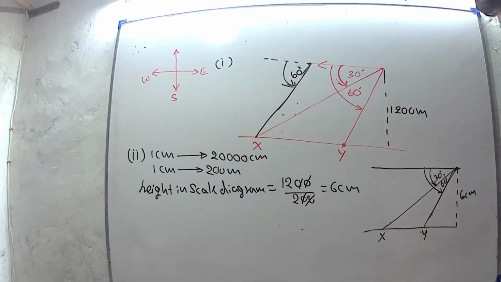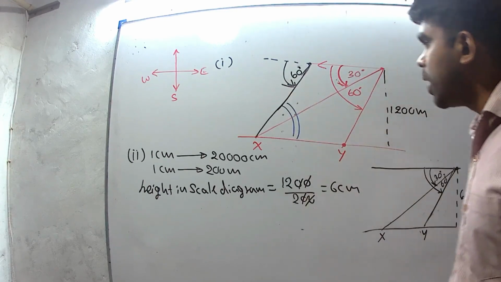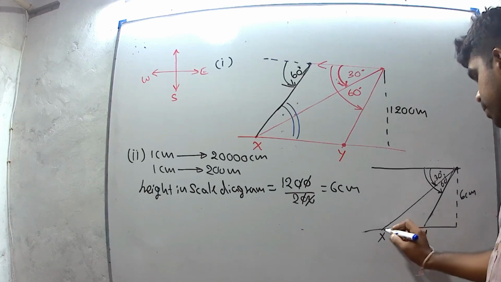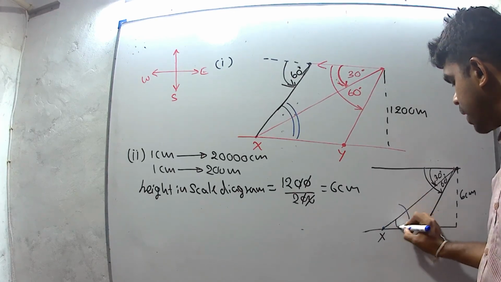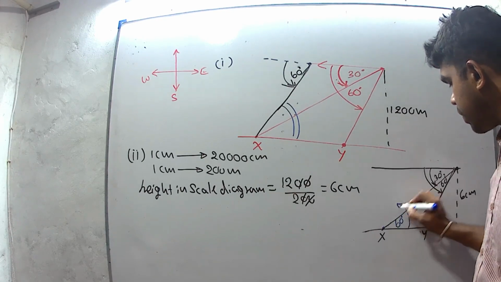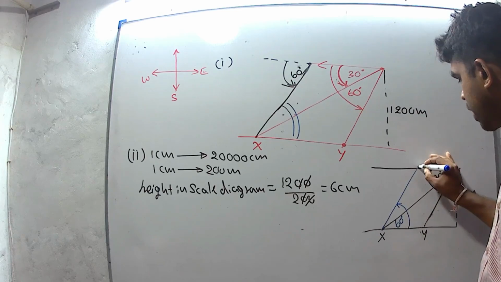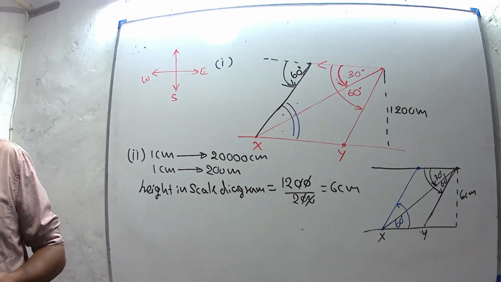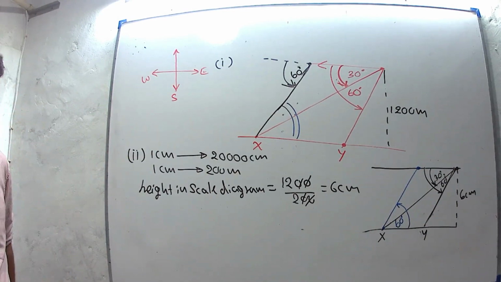Therefore, we have to draw this angle. This angle means the alternate angle. Then we can measure 60 degrees from this straight line. 60 degrees. And then we can draw the straight line. This is the new position of the jet. I will not measure. It is only an explanation.